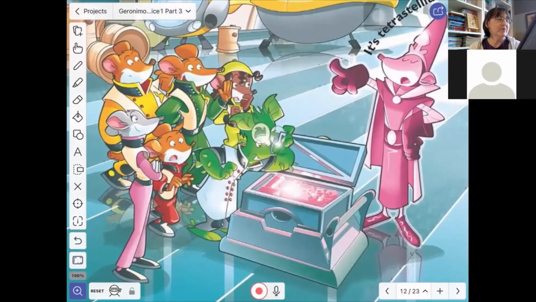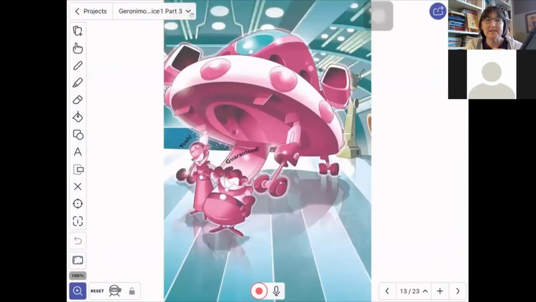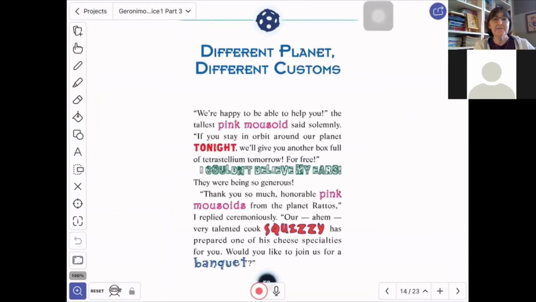Here they are. You can see Professor Greenfur looking at it. Looks awfully mysterious. Oh, and there's the spaceship and the other two, and they're saying, yes, it's tetrastellium guaranteed. We mean it. Different planet, different customs.